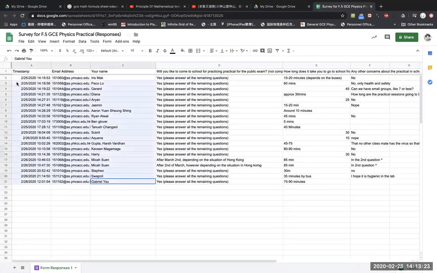How many have filled in? Can you check the names? There are 19 people here, and then 20, and also one missing. Who is missing here?